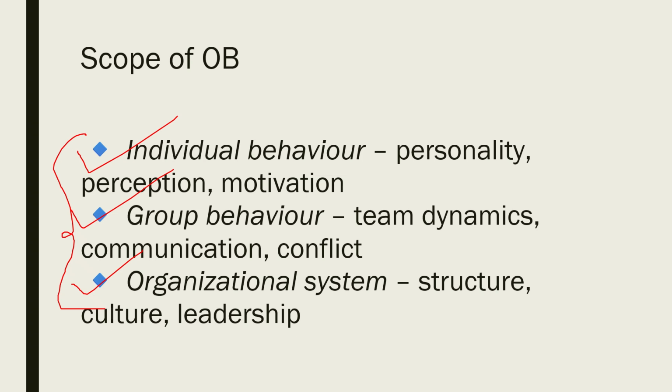Then we talk about the organizational system or organization as a whole. So it talks about the structure of the organization, the culture of the organization. Managers who understand all the three levels align people and processes effectively. These levels of behavior need to be understood well by the manager so that he is able to align everything effectively.